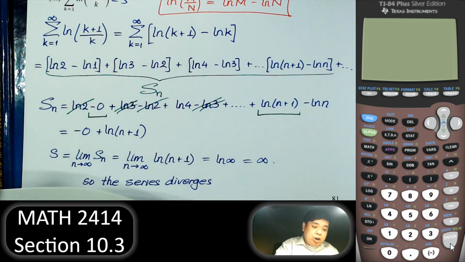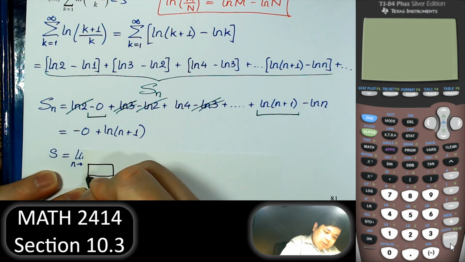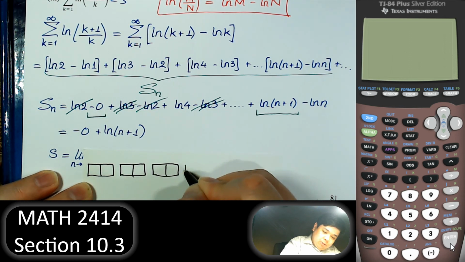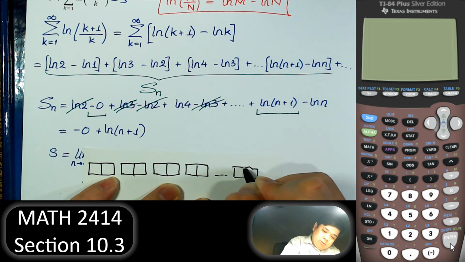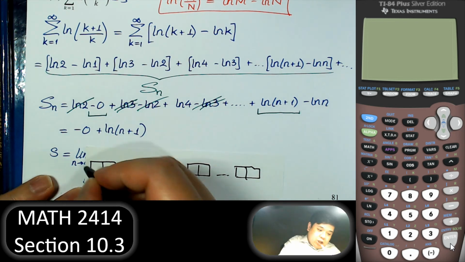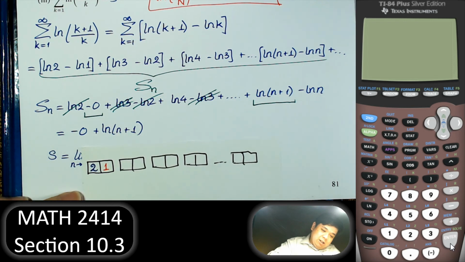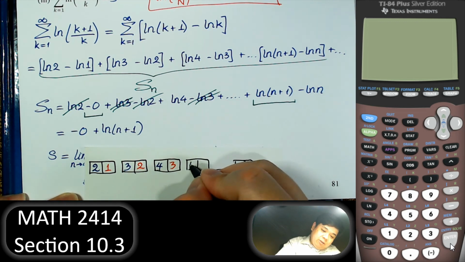So if we write the dominoes for this problem, remember, we start with a plus 1 and a 2, and then 1, 3, and a 2, 4, and a 3, 5, and a 4.